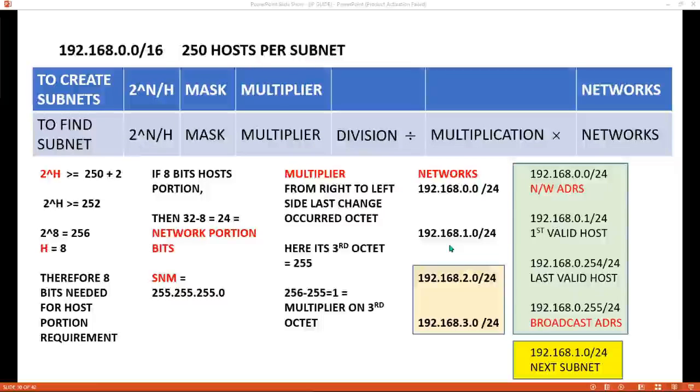For the second requirement, you are going to allocate this one, 192.168.1.0, which means we are going to subdivide this 192.168.1.0/24. We still have additional networks, 2.0, 3.0 and so on, but I am not taking those. I am going to subnet this one first and allocate it for the 100 host requirement, and if I need to subnet again, I will do it for the same 1.0 network.